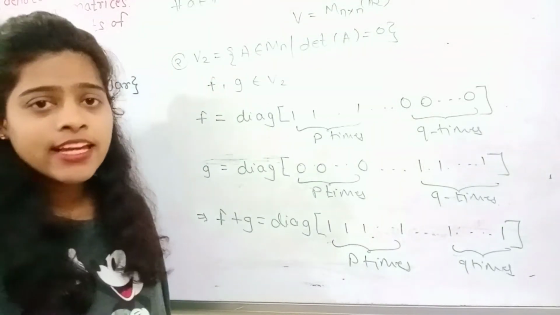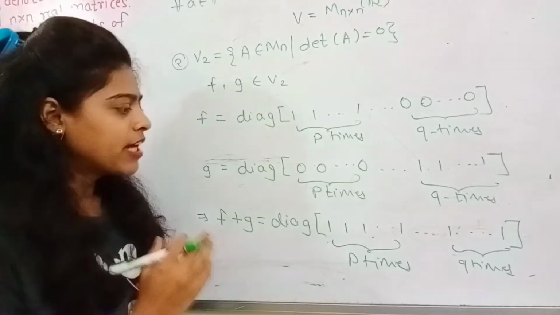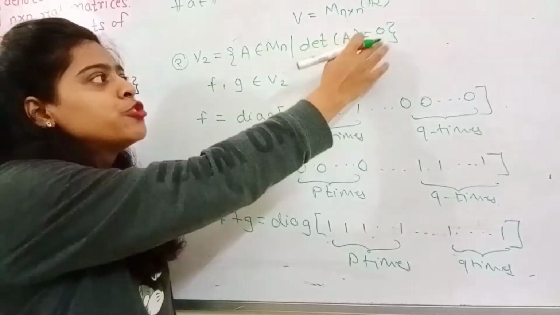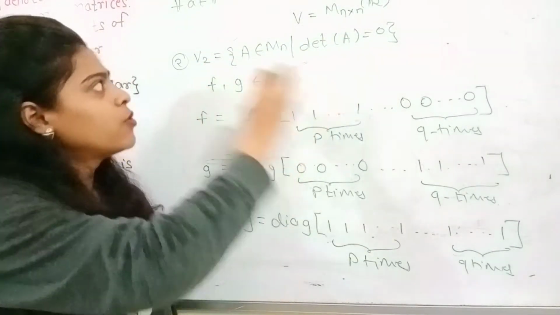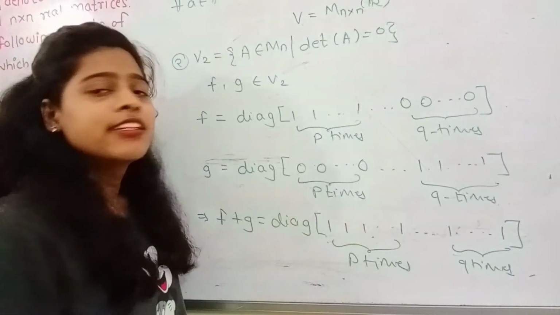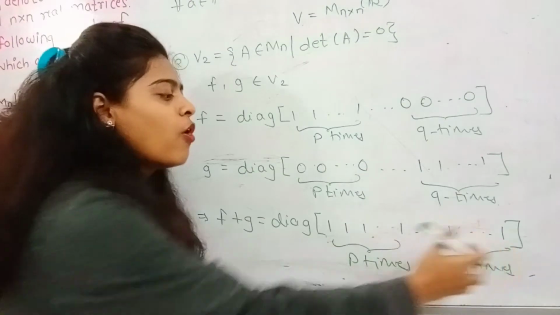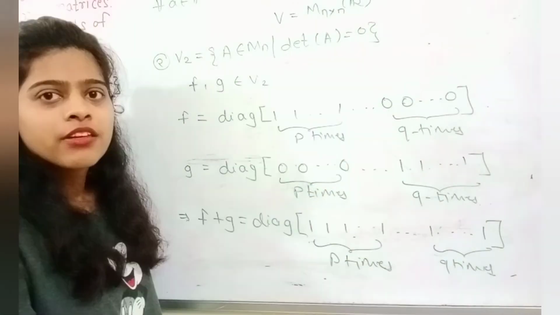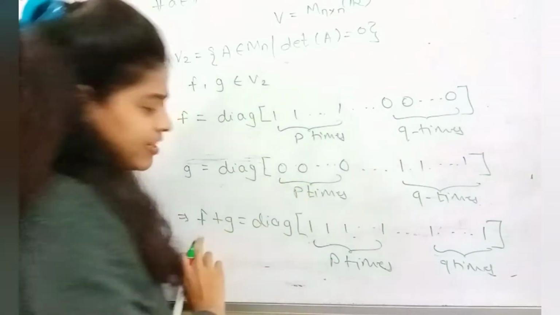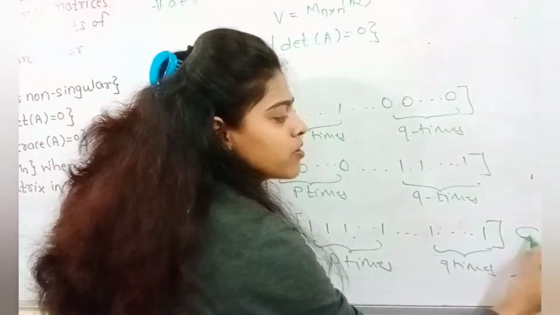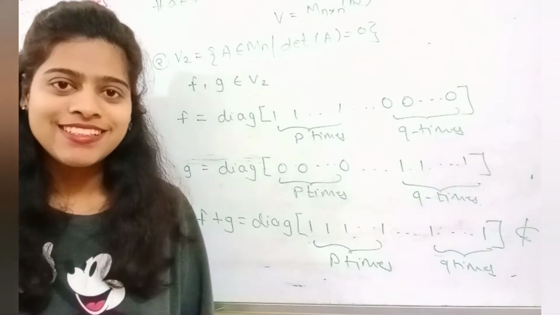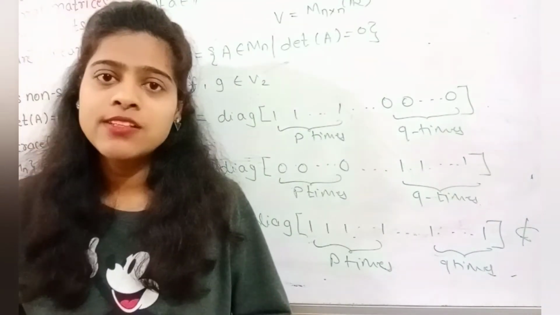Then we can say whether it is a subspace. For that purpose, we check its determinant, which should be 0. If it is 0, then it belongs to V2, otherwise not. But the product of all these terms is not equal to 0. Therefore, this condition is not satisfied, and f plus g does not belong to V2. Therefore, V2 is not a subspace, and option number 2 is not true.